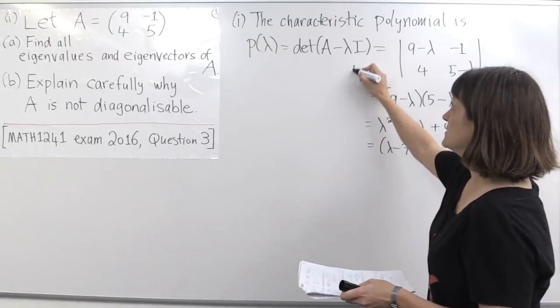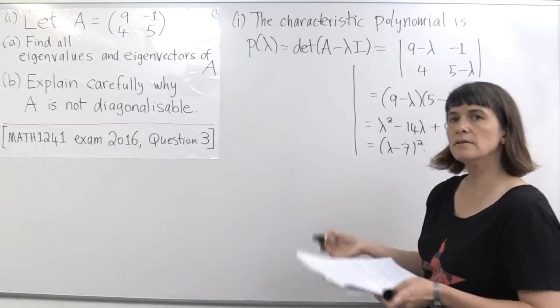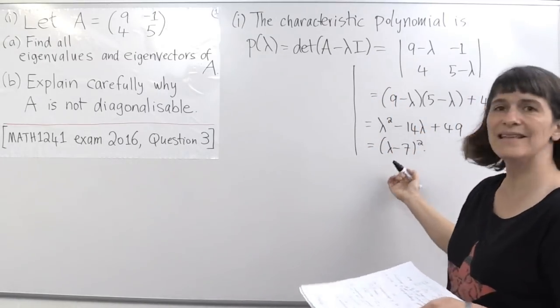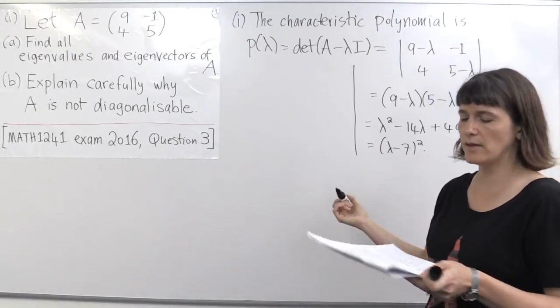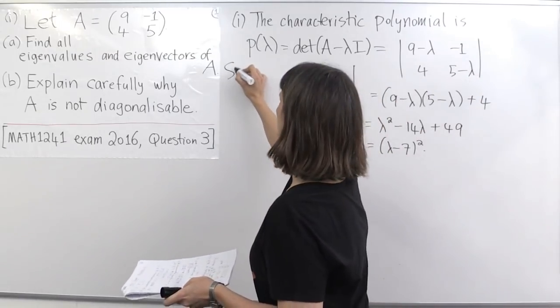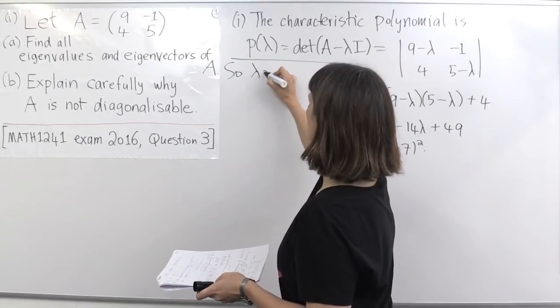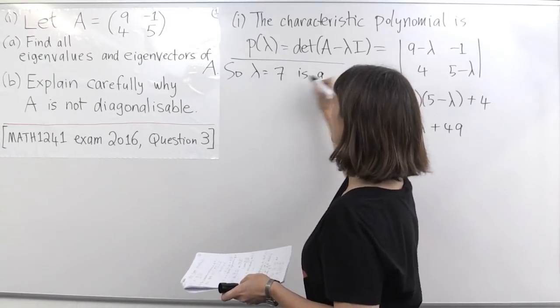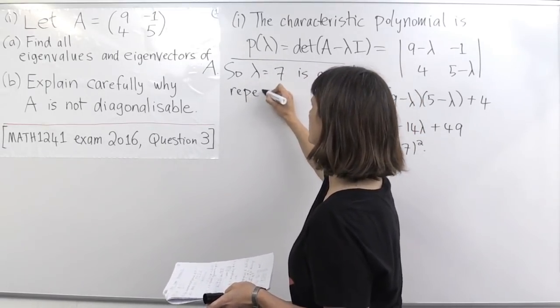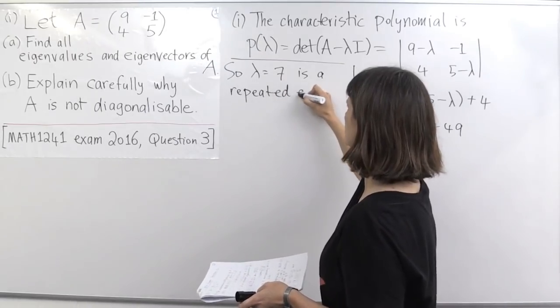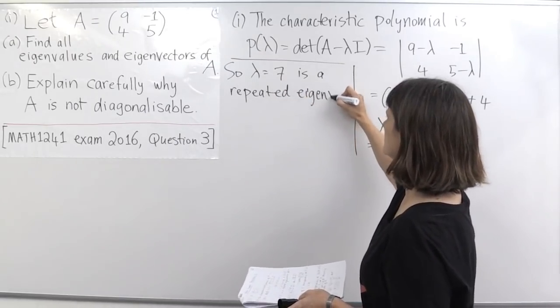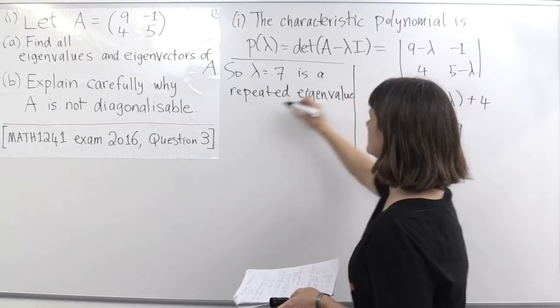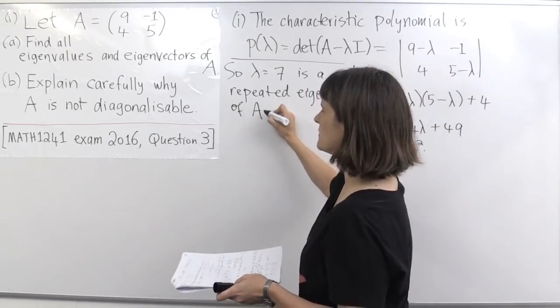Okay, I'm going to step inside that little calculation to point out that obviously this means that lambda equals 7 is a repeated eigenvalue of A. It is the only eigenvalue of A.